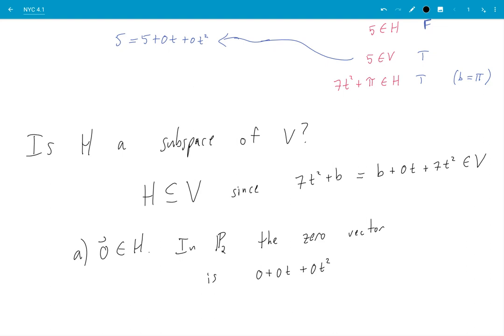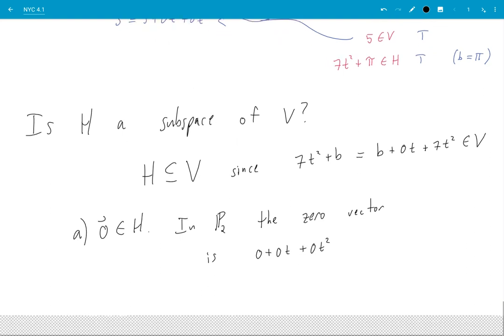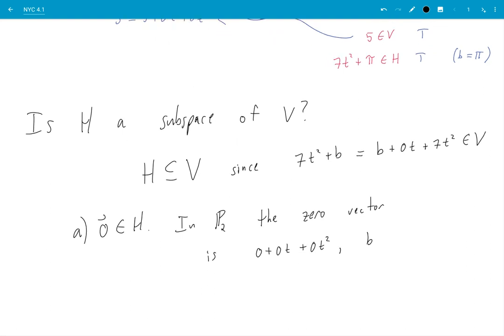Maybe I want to call it the 0 polynomial. But this isn't in H.